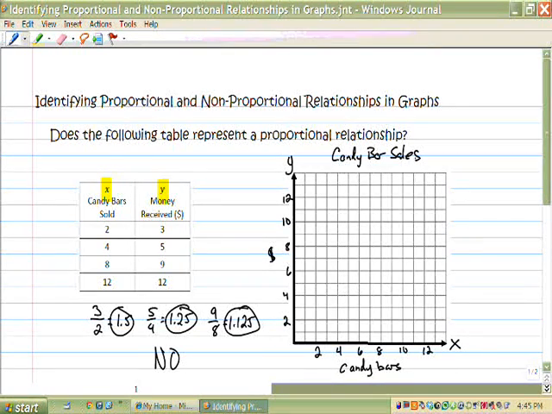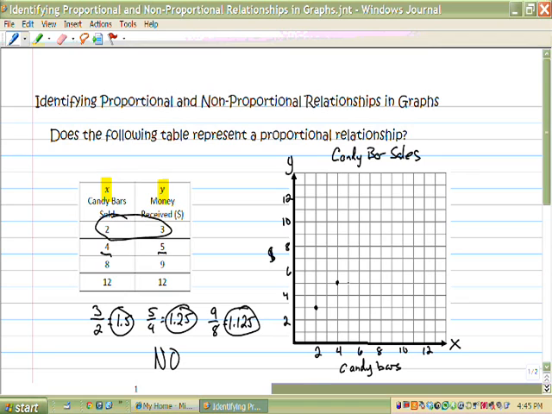Remember that you always start at this point here, which is called the origin. And I'm going to go 2 to the right on x and 3 up on the y. So 2 to the right and 1, 2, 3 up and make a dot. That represents this right here. Then I'm going to do 4 is next, 5. Again, start from the origin. 4 to the right and 5 up.